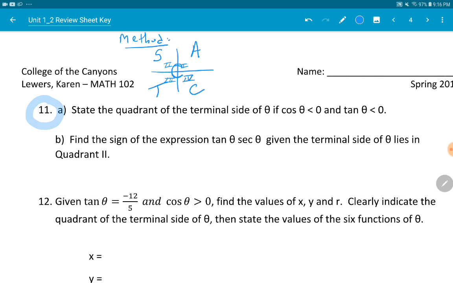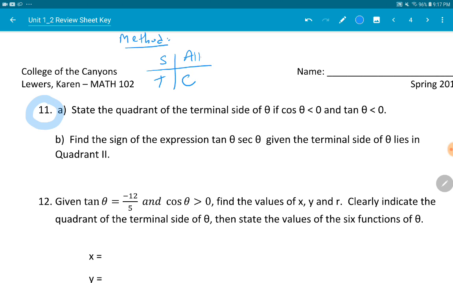That C in the middle just reminds me of how to count. I think the correct way to count is 1, 2, 3, 4, following that C. But I'm going to make that a little neater without that count. All Students Take Calculus. And that memory trick is showing us what trig ratios are positive in that quadrant.